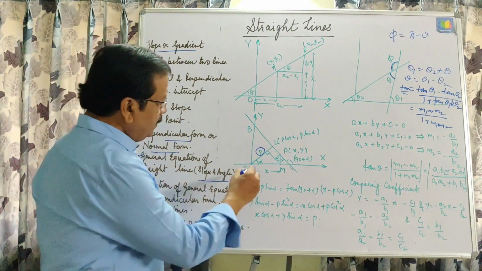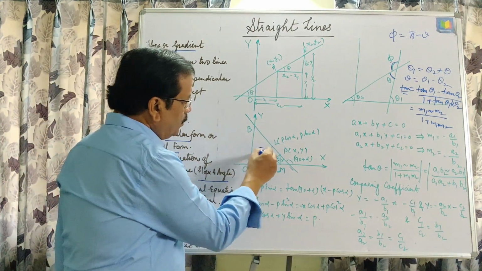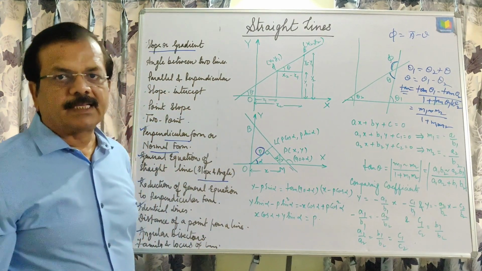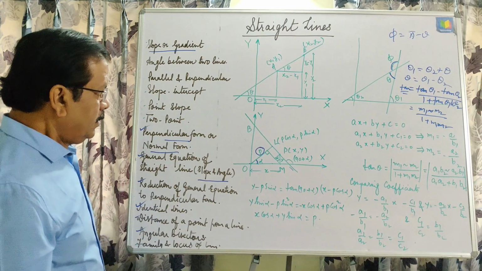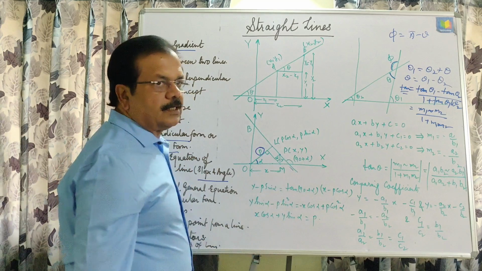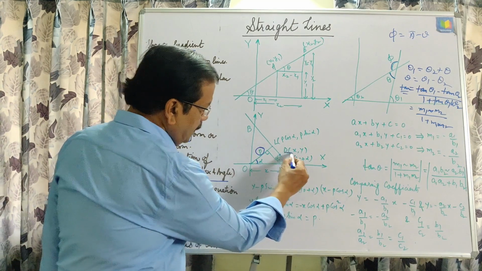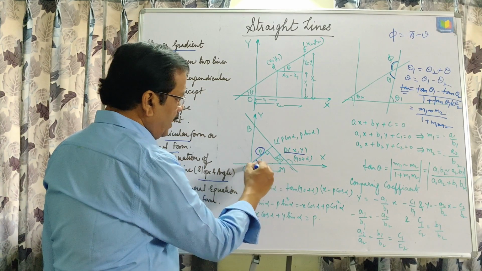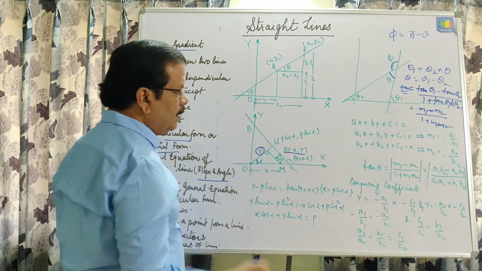This normal to the line makes angle alpha with the positive direction of the x-axis. Now take P as any point on the line, with coordinates x, y, so this value will be x and this value will be y.